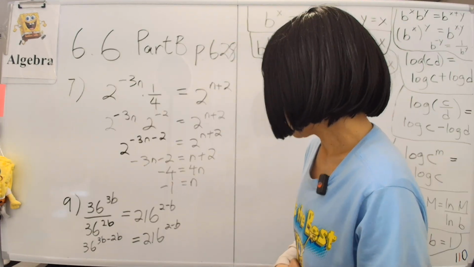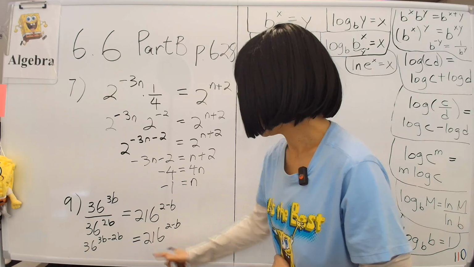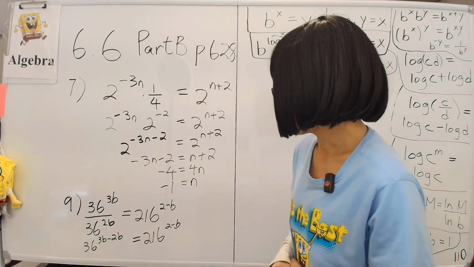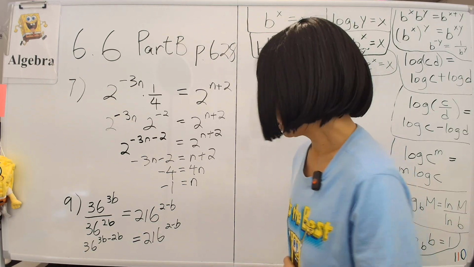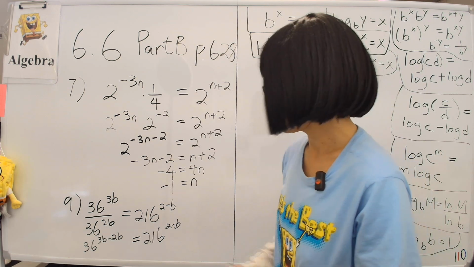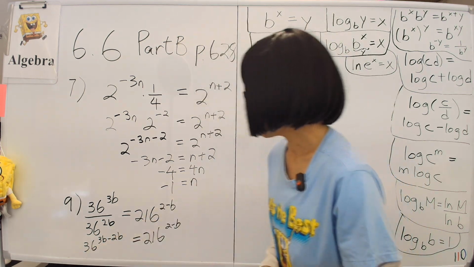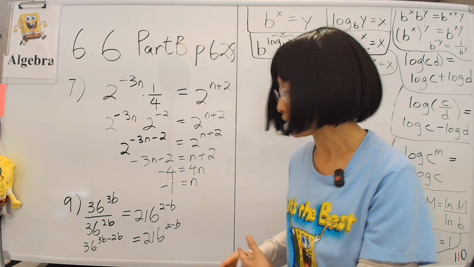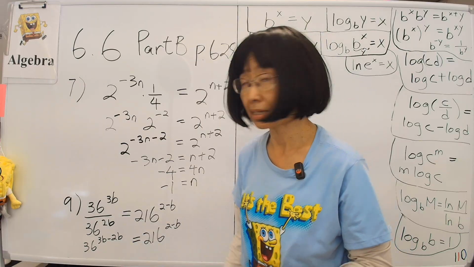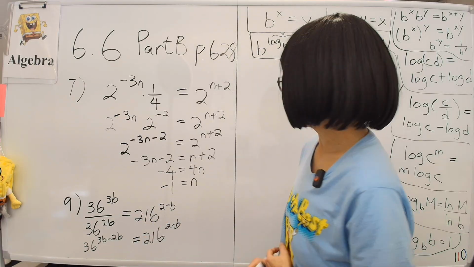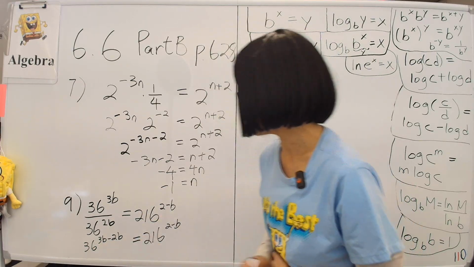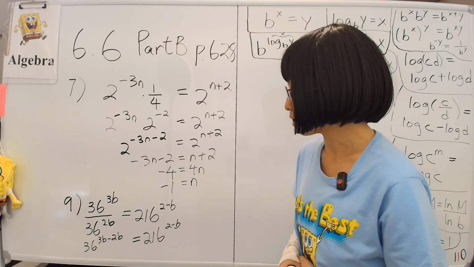But we need to change this. It's not obvious to me how this relates to 36, and we have to make the bases the same, because if the bases are not the same, then we can't compare them. So let's do that. We'll factor the whole thing out.